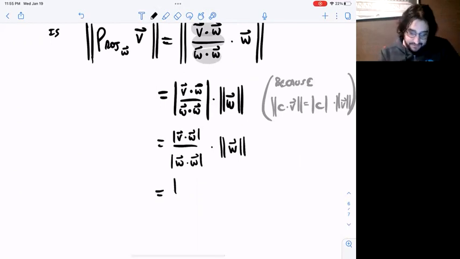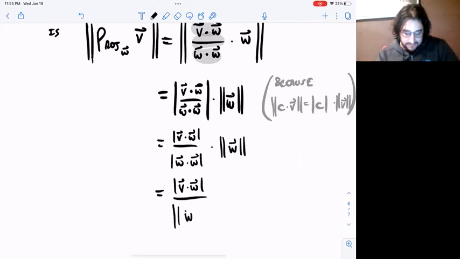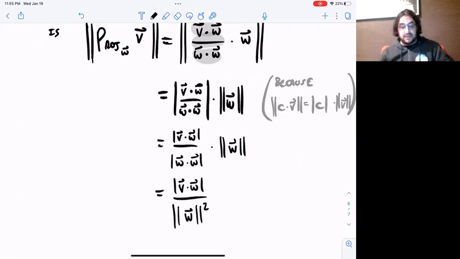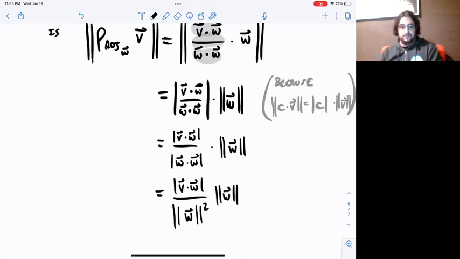Now, the next thing I want to do is look at the denominator. The denominator is the magnitude of W squared. Why is this true? Well, this is another property of vectors.